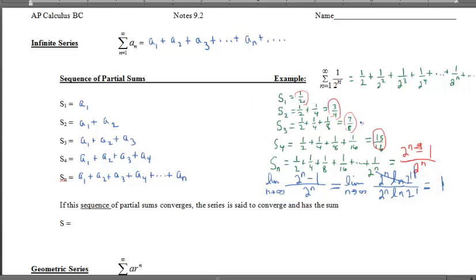So the limit of the sequence of partial sums exists, and it's equal to 1. So that means that there's a sum of the series.